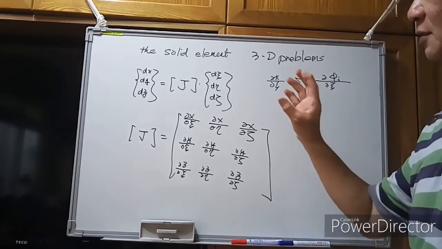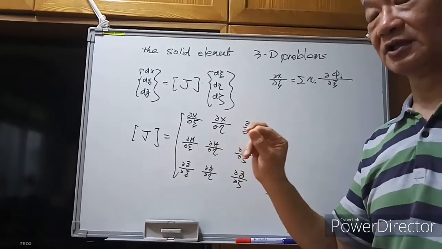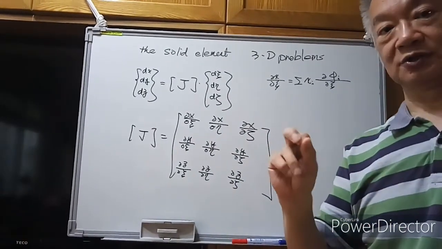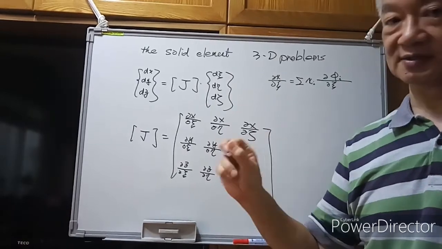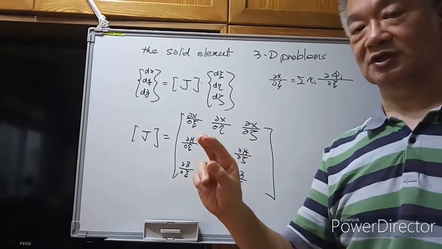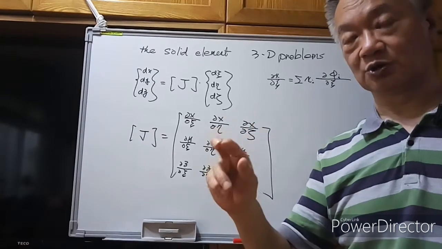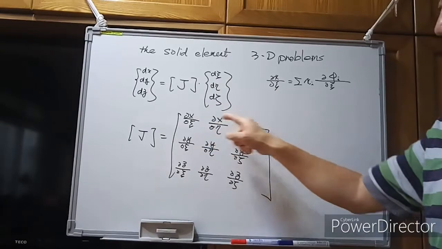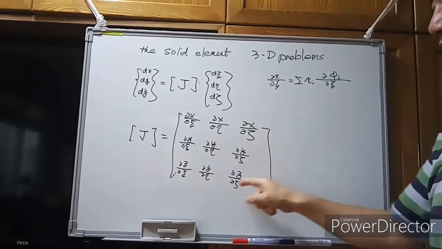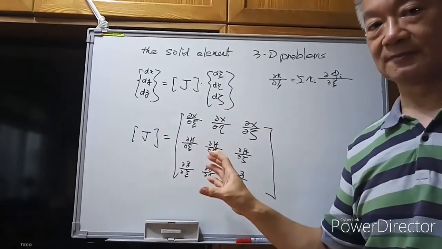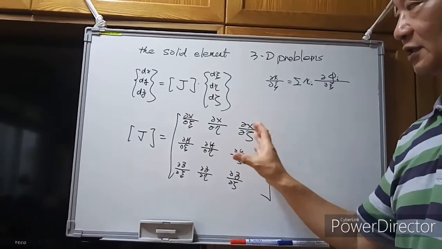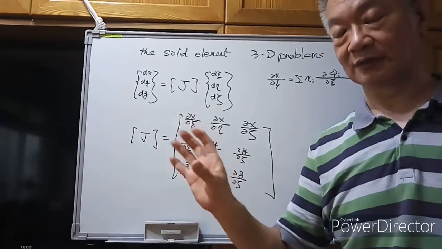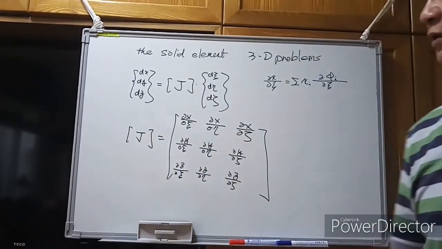For any given point in the element, the given point means we know the values of xi, eta, and zeta. If we know the location of this point, then we can calculate this term, and also all the elements in the Jacobi matrix.